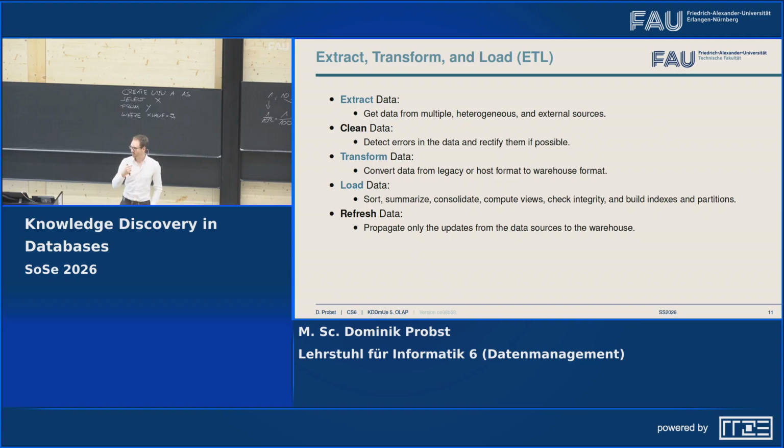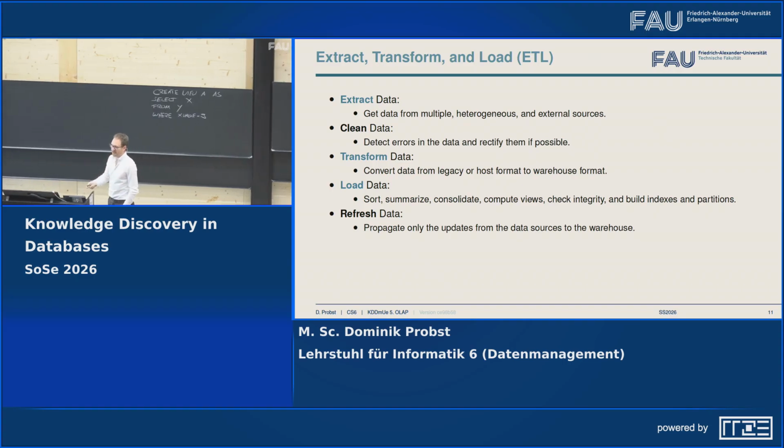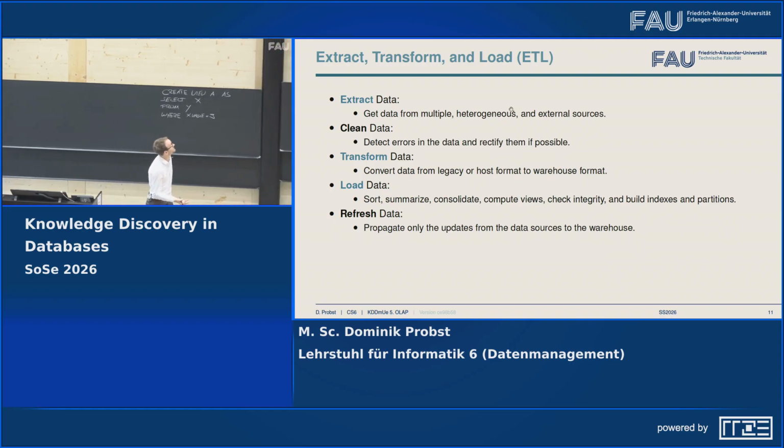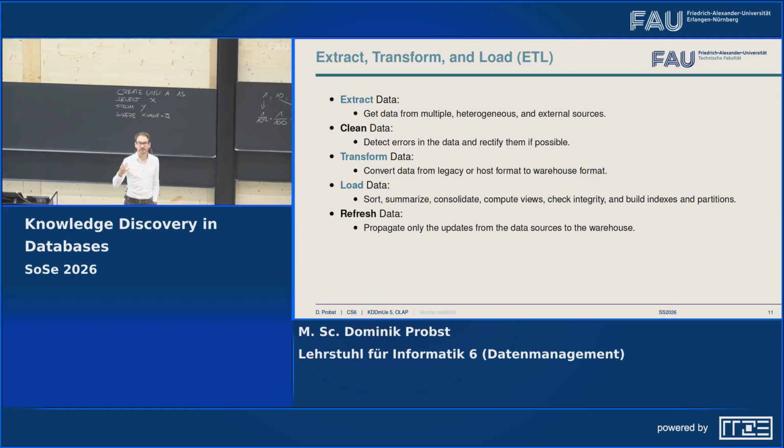In the next step, you try to clean the data. That means that you try to detect errors in the data and fix them as well as possible. We already know that not every error in the data can be detected and fixed, but you try it as well as possible.